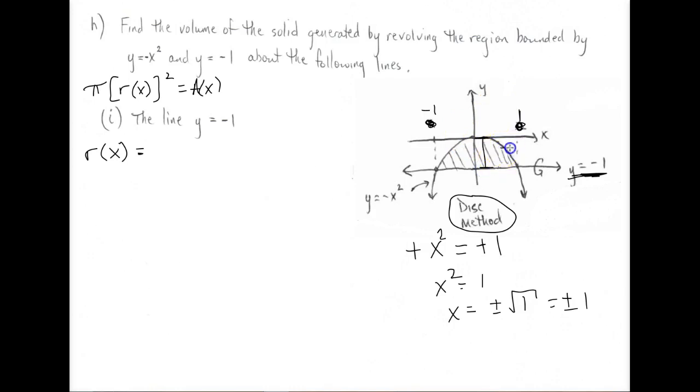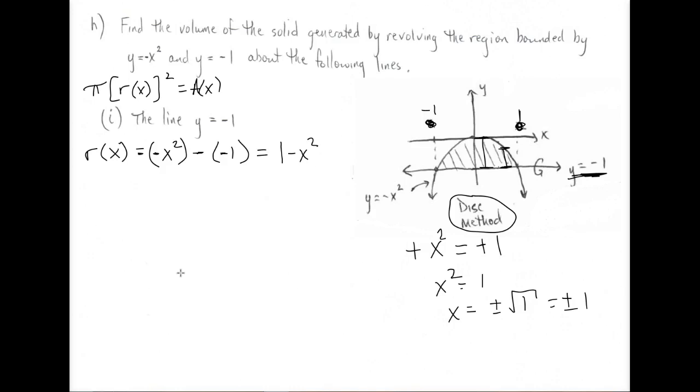So we know that this first curve here is negative x squared, and we take the difference in between that and the curve y equals negative 1, so we just put negative 1 there. Of course, subtracting negative is the same as addition, so we see that our radius in terms of x is just 1 minus x squared.